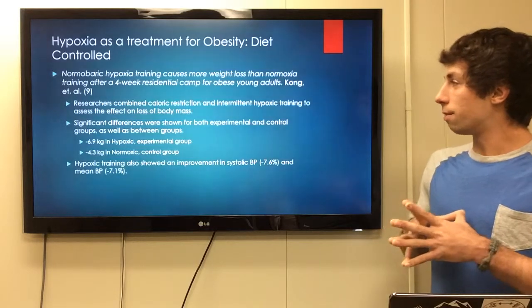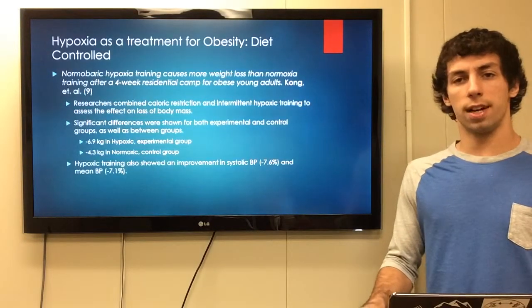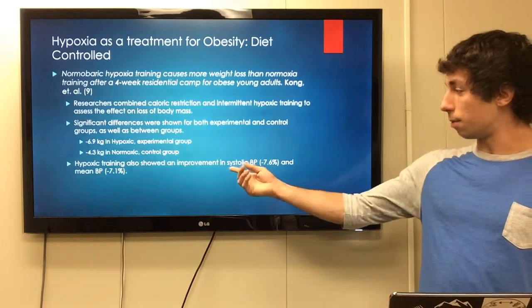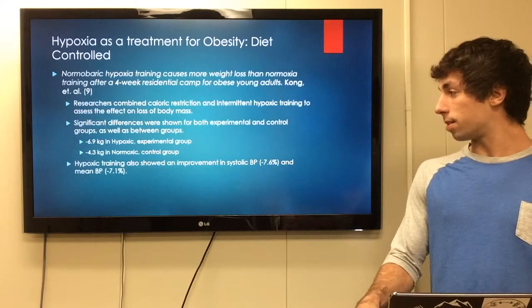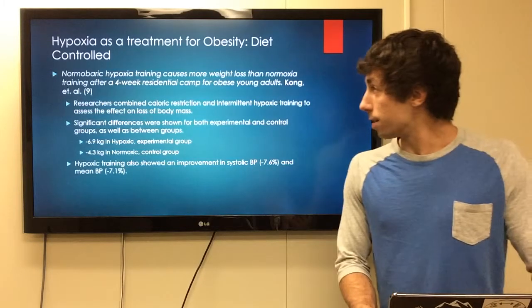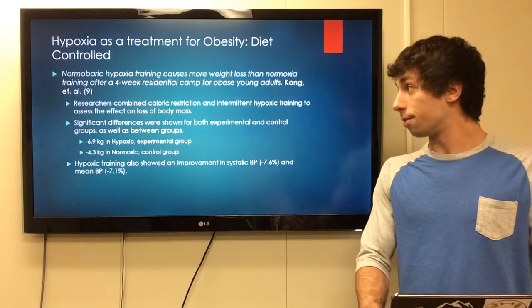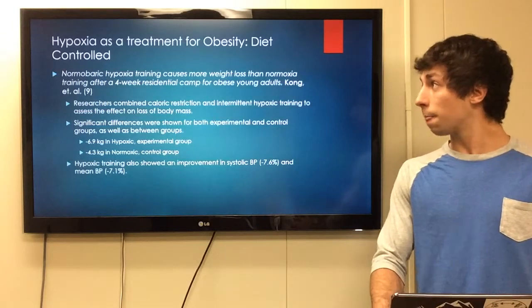And this is over 4 weeks, exercising three times a week. They also showed an improvement in systolic blood pressure in the hypoxia group, down 7.6%. So this is good data for following up on hypoxia as a treatment strategy in obesity.